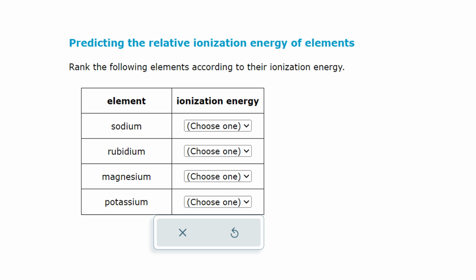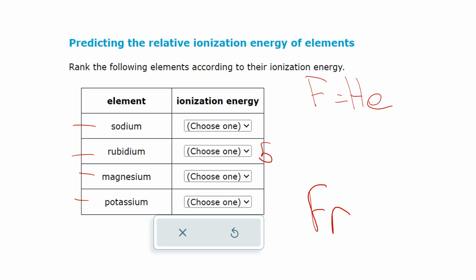And ionization energy, the energy it takes to remove an electron. Here, fluorine and helium are the largest, and francium is the smallest, so the closer it is to fluorine and helium, the higher the ionization energy. So we got potassium, looking at the periodic table, potassium, rubidium, magnesium, sodium. So the ionization energy for rubidium is going to be the smallest.